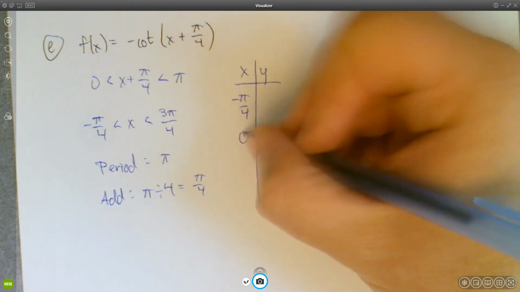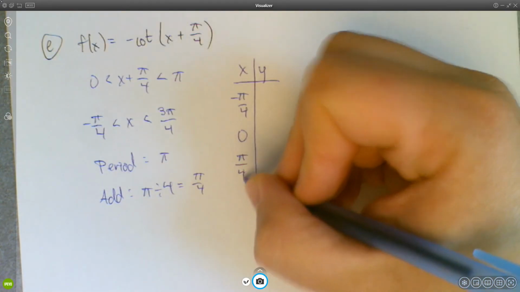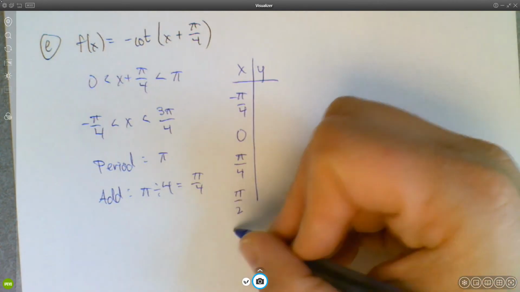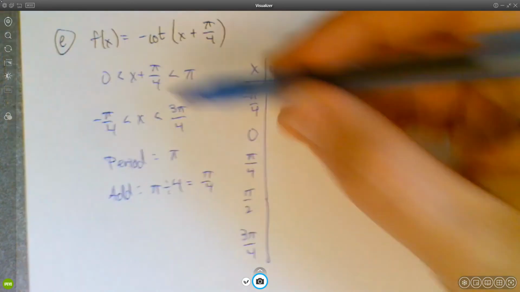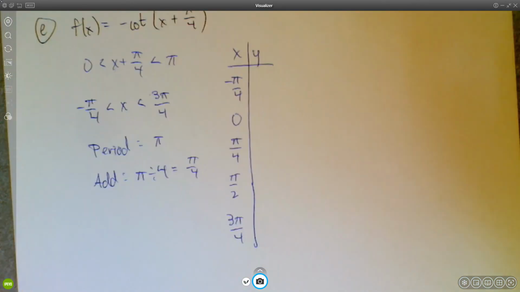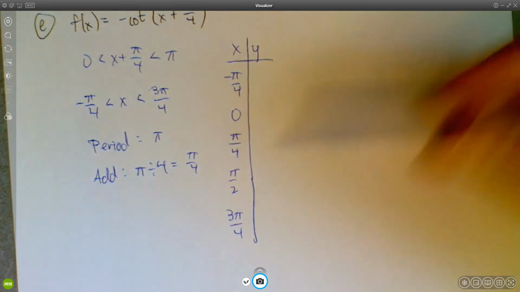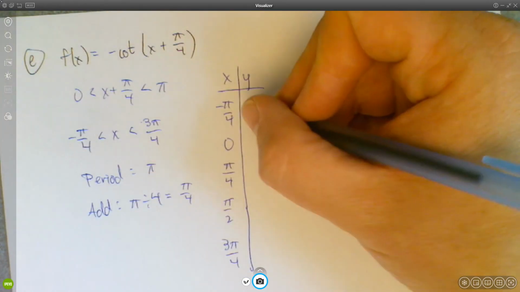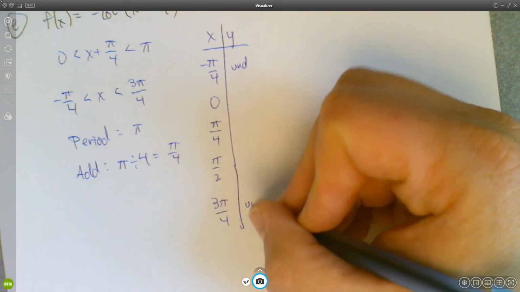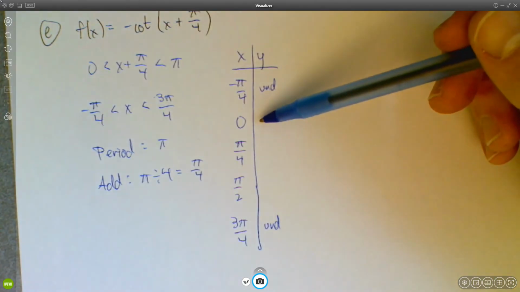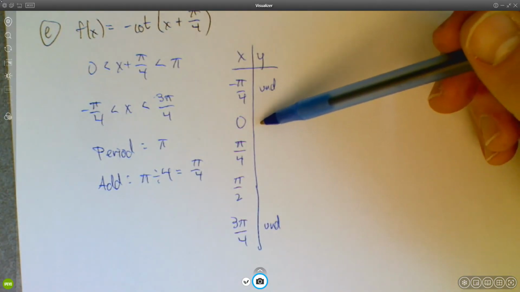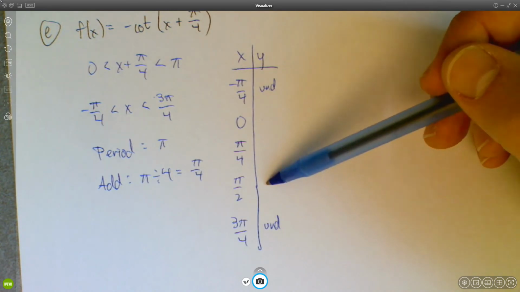So if I add pi over 4, and then again, and then again, and then again, I've got my 5 points, and they start and stop where they should. And now if I plug these in, I know that I'm going to be undefined on the ends. And then in the middle, cotangent is a decreasing function, so it usually goes 1, 0, negative 1.